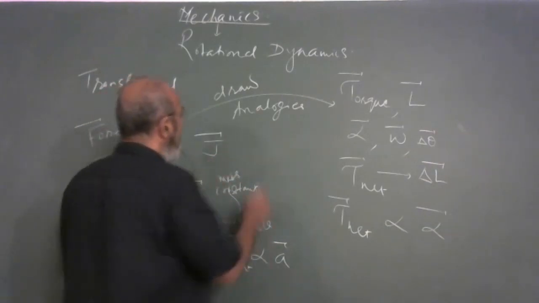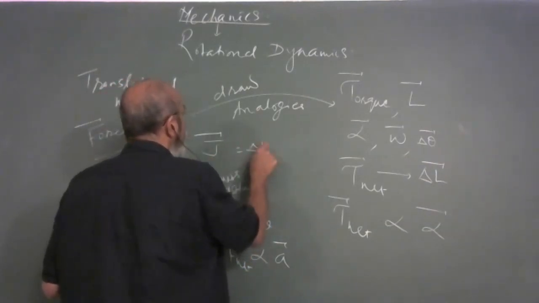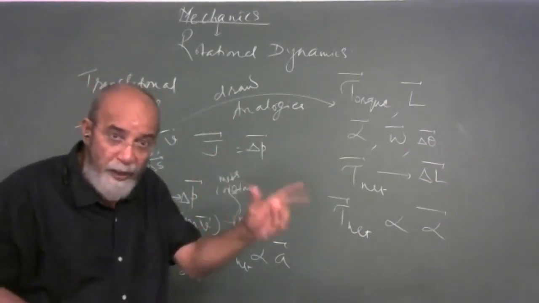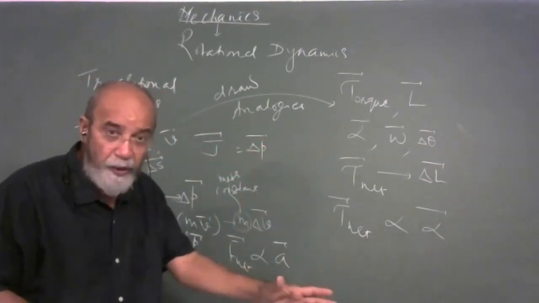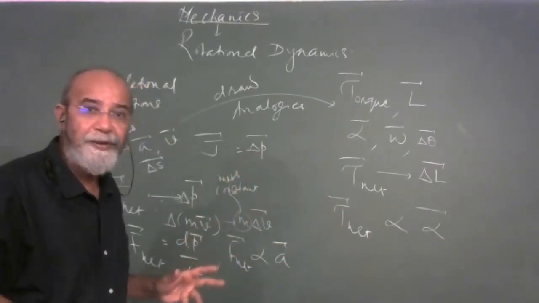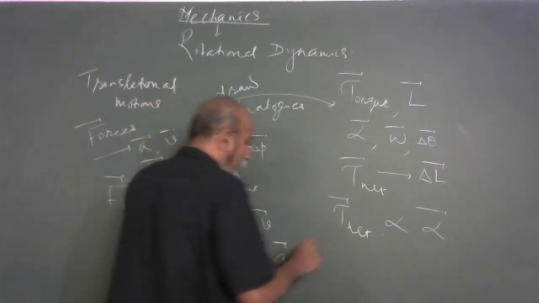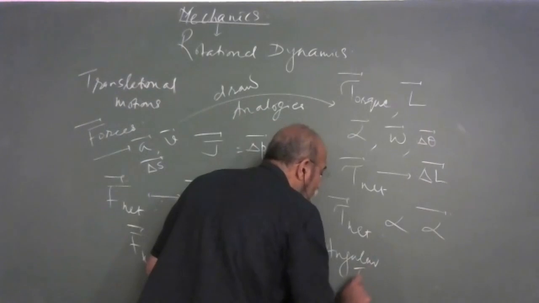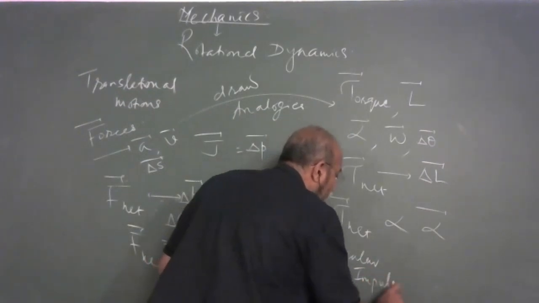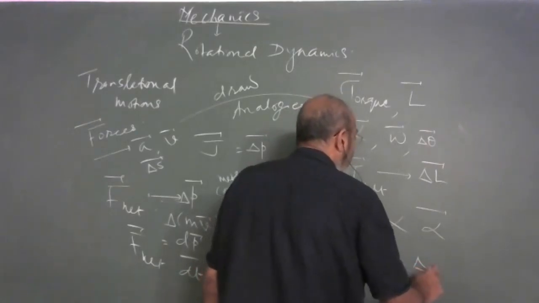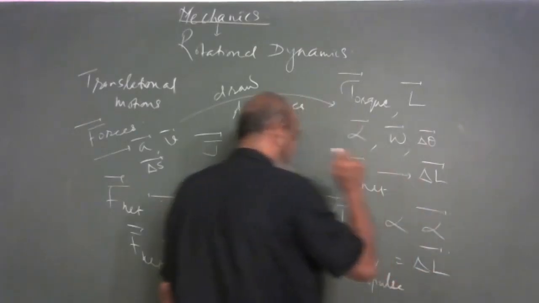And that was connected to change in momentum. I spun a ball and it dropped on the ground. Sudden change in the rotational dynamics. Then there will be an angular impulse equal to change in angular momentum.